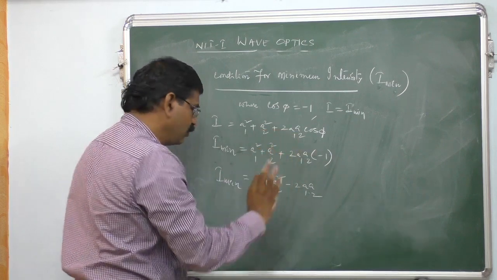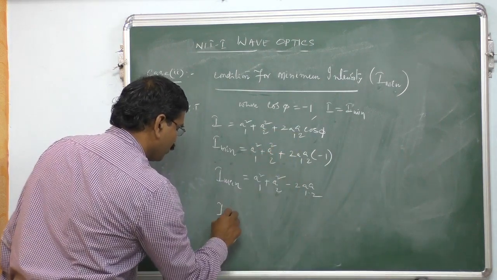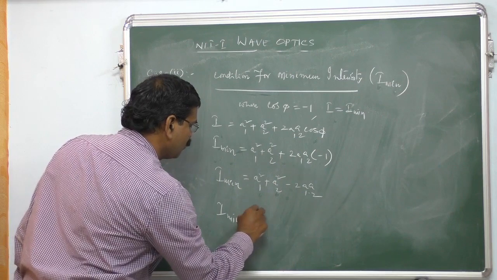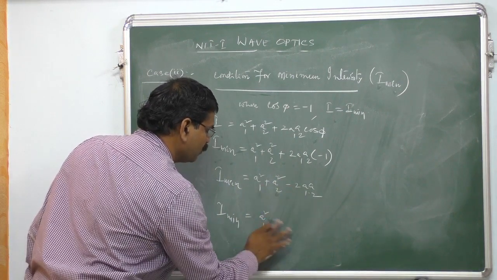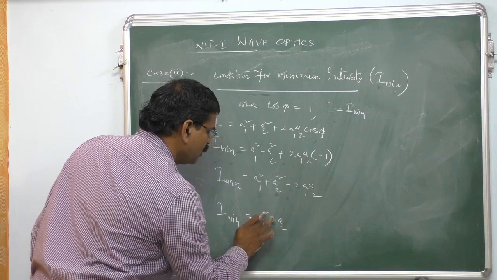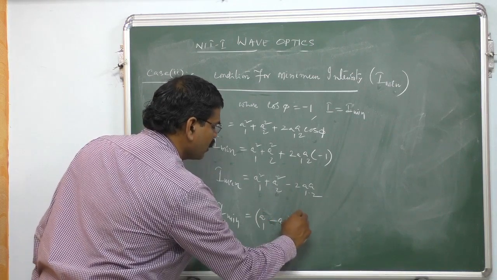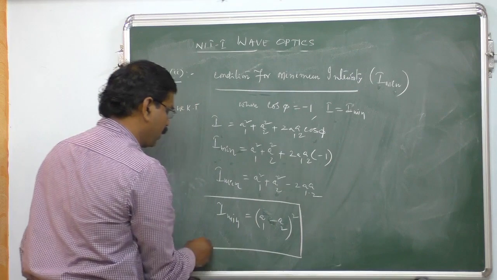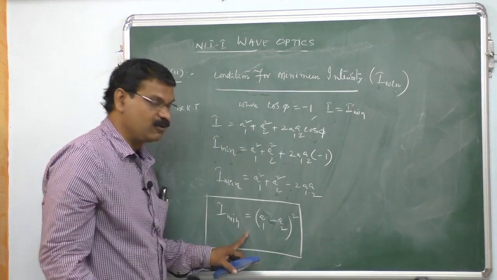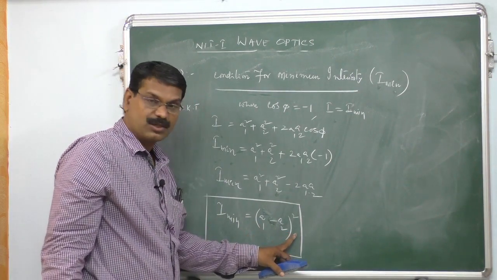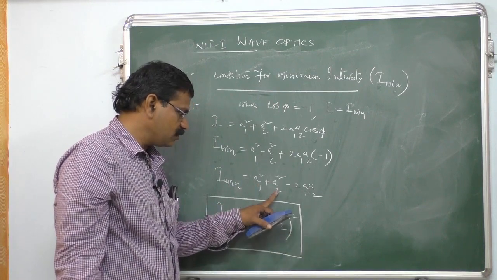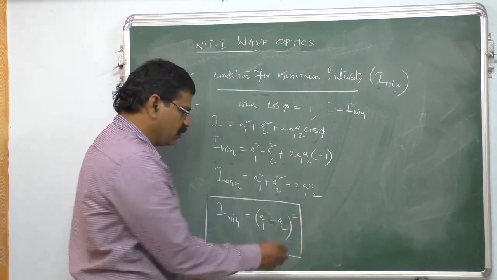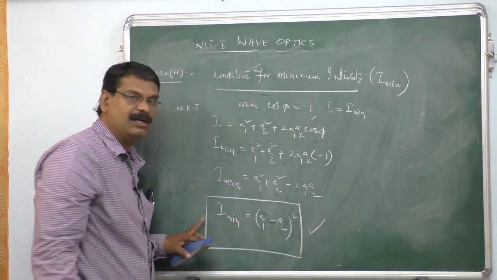A minus B whole square రూపంలో రాసుకోవచ్చు. Therefore, I minimum is equal to A1 minus A2 whole square. Simply, if you expand this again, A1 square plus A2 square minus 2A1 A2. దీన్ని మనం minimum intensity term అంటాము.